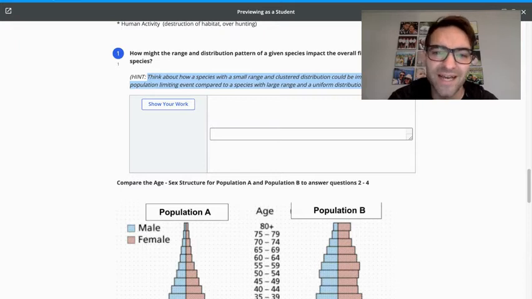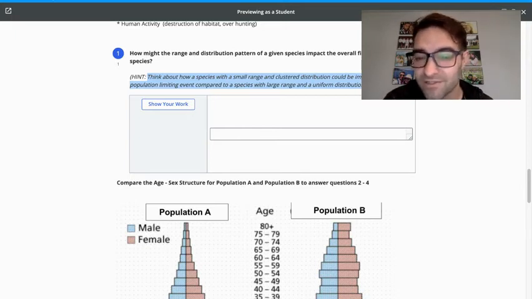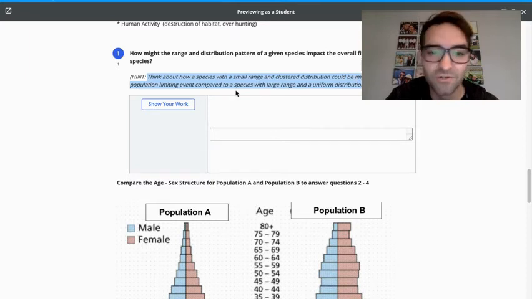So if there was a catastrophic event, like a natural disaster, on top of the Galapagos Islands, what would the survival of those species look like? Could they be wiped out all in one little event? Because the Galapagos Islands is kind of small when you think about the whole world, right? Compare that to a population that is widely distributed.